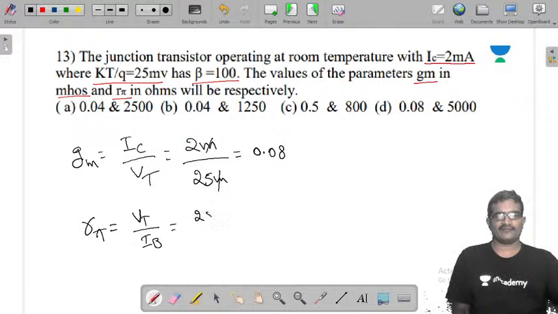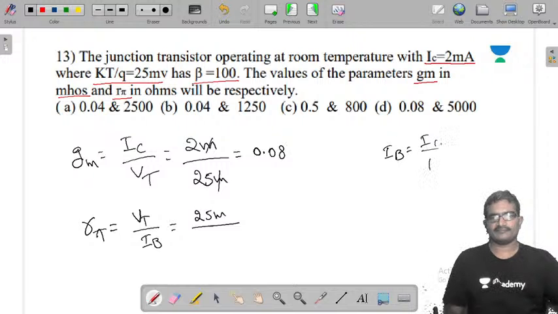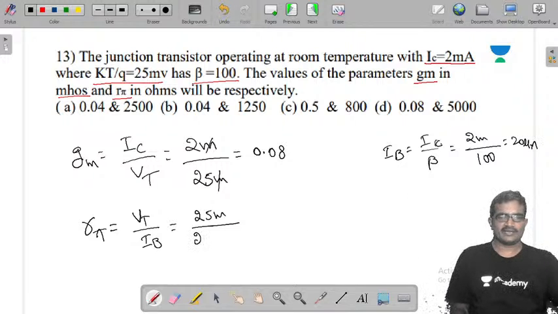VT 25 milli by IB, so IB value is IC by beta. IC is 2 milli by 100, it is 20 microamps.